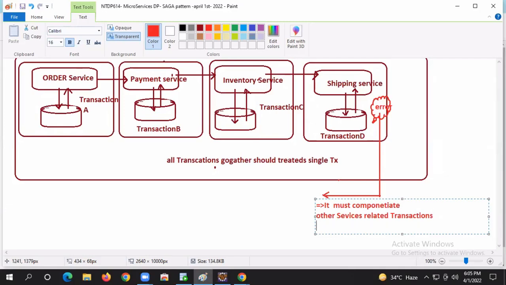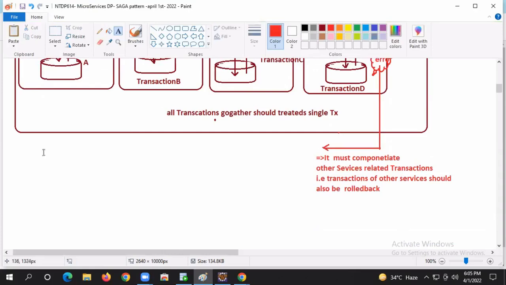That means the other transactions of other services should also be rolled back.